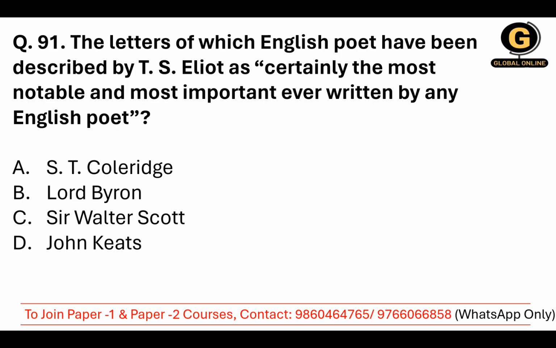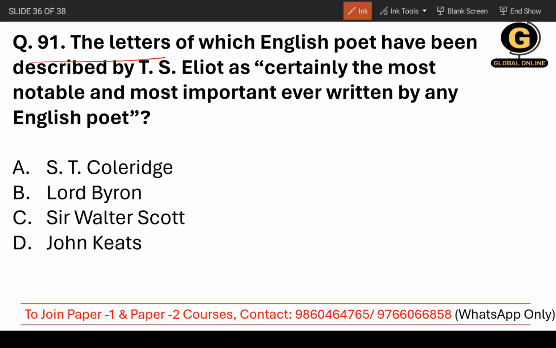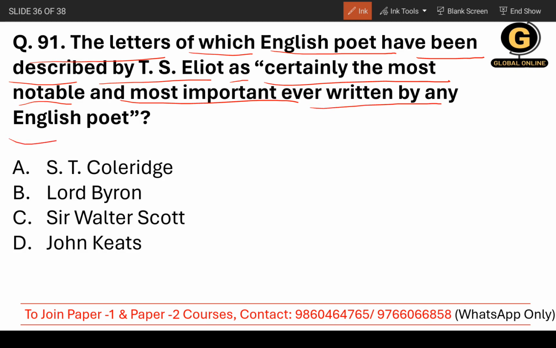Moving on to question number 91. The letters of which English poet have been described by T.S. Eliot as certainly the most notable and most important ever written by any English poet? Which one is the correct option here?